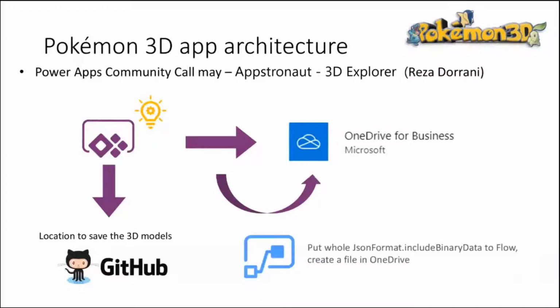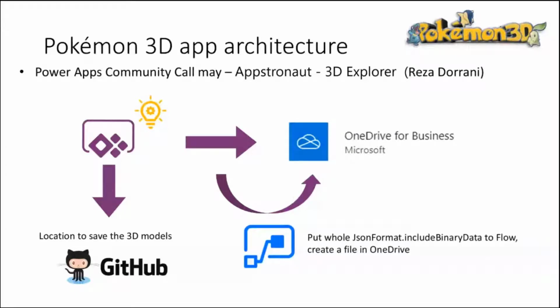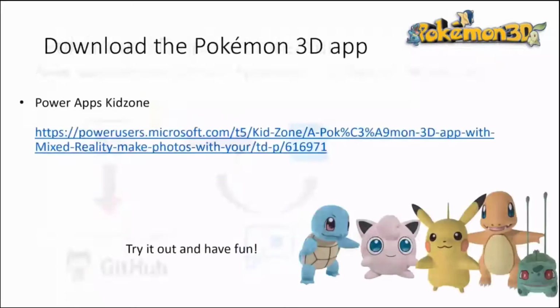And of course, I use Power Automate to push all the JSON format, including binary data, to Flow, and that encrypts the images and the file and saves it into OneDrive. I also uploaded this app to the Power Apps Kit Zone. Here's the link.